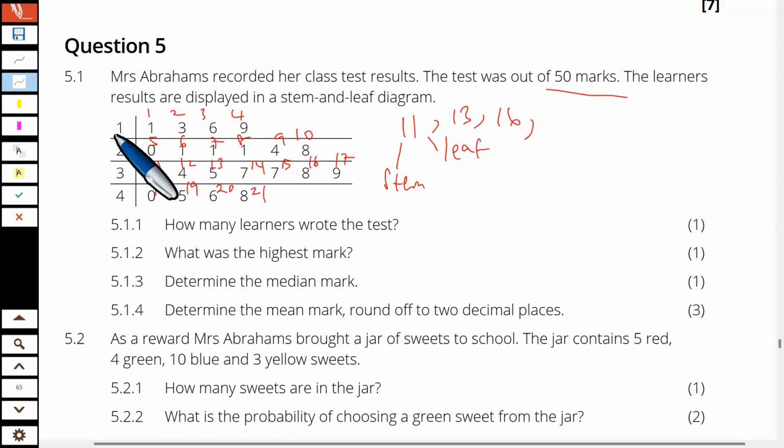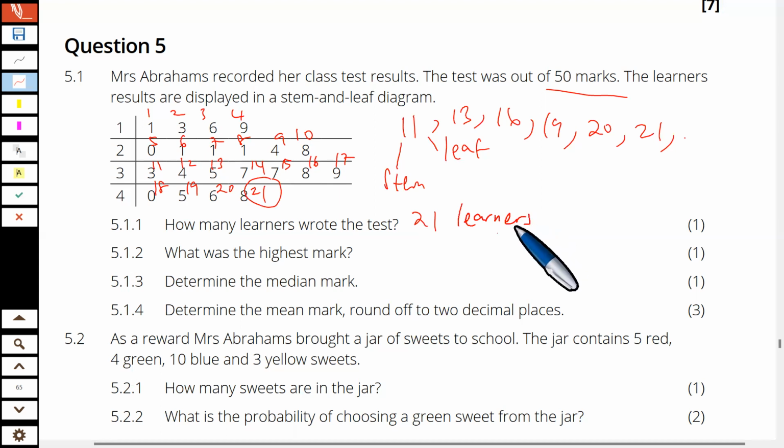There's a student who got 20, a student who got 21, and so on. Right. So how many learners wrote? We counted up to 21 learners, so there are 21 learners who wrote the test.